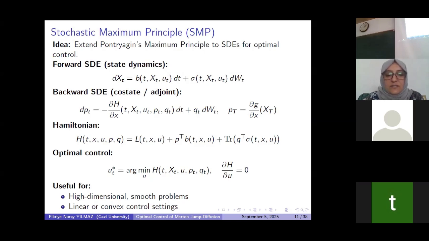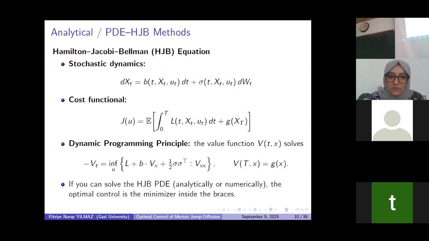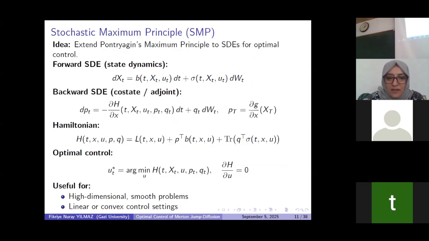Hamiltonian is a choice for giving this relation between them. Hamiltonian function is defined as, L is the function inside the cost function, and we choose some new parameters, let me say P and Q, in the Hamiltonian.